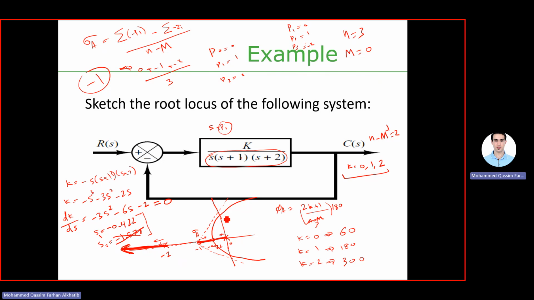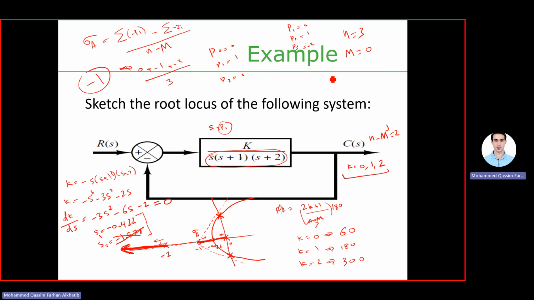Now, what will be left is to determine this point: the intersection with the imaginary axis using stability, Routh-Hurwitz. So when you do the math, let's try now to find the feedback.